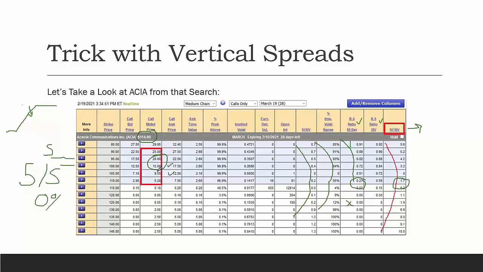Going at the money, selling the 110 and buying the 105 for that bull call debit spread, 9.55 to 5.20, that's actually not too bad, but you're paying $4.35 to get 65 cents back. That's pretty reasonable in this case.